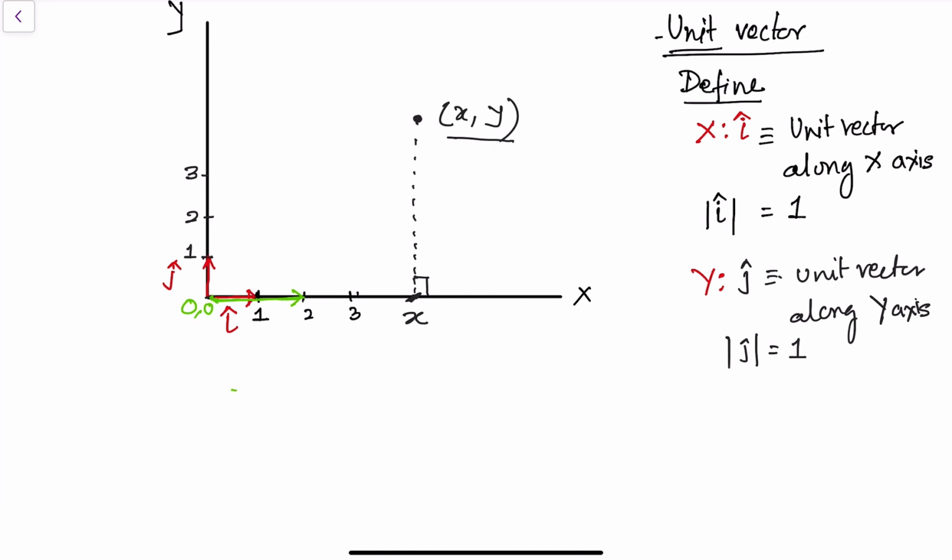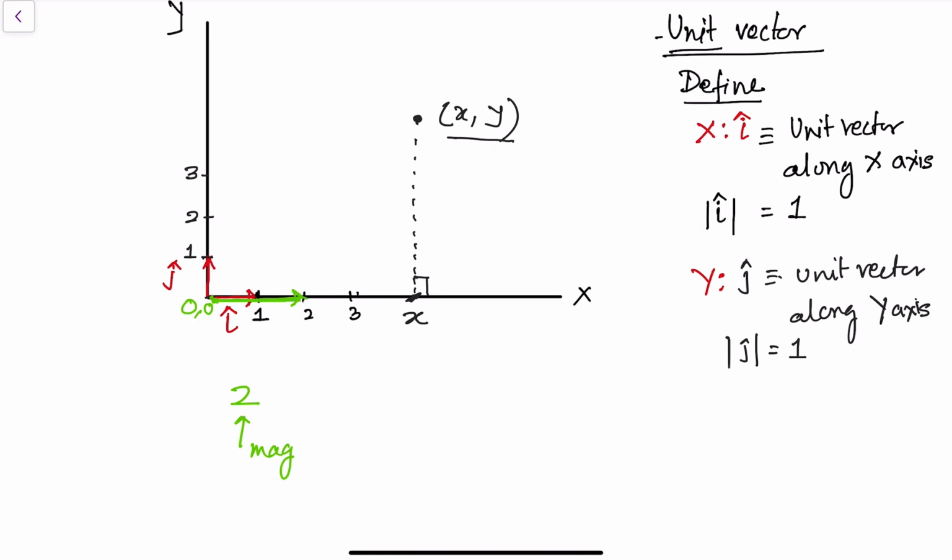Its length is 2 units and it is along the x-axis. This 2 is a magnitude, remember this. What I want to do is convert it into a vector. How do I convert it into a vector? I assign the direction. Remember, this is along the x-axis.